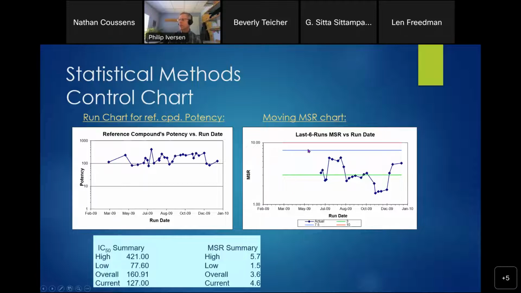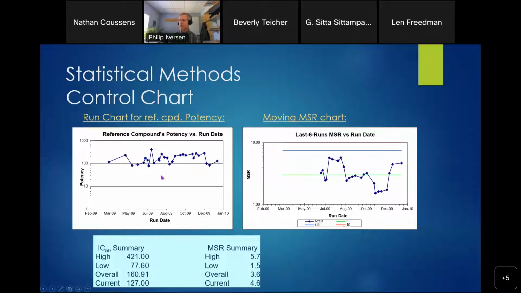So what is a moving MSR? Once we have the first 6 runs, we can calculate the standard deviation of those log IC50s, and that feeds into the MSR formula, and we get a number. So this first point in the graph on the right is the MSR from the first 6 IC50s. The second MSR comes from the 2nd through the 7th IC50s, and so on.